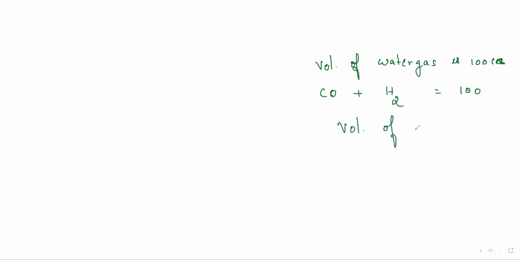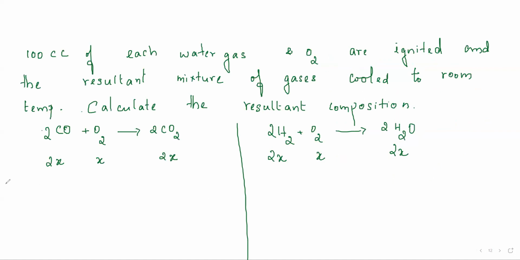Therefore, volume of carbon monoxide will be 50 cc and volume of hydrogen will also be equal to 50 cc. So, moving on now, here given 2x is 50, therefore x is 25 cc.